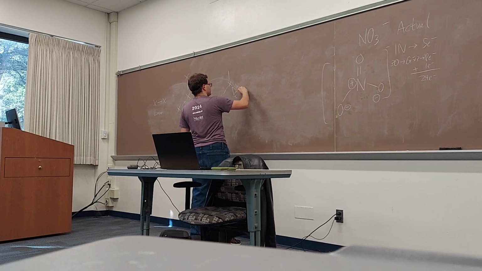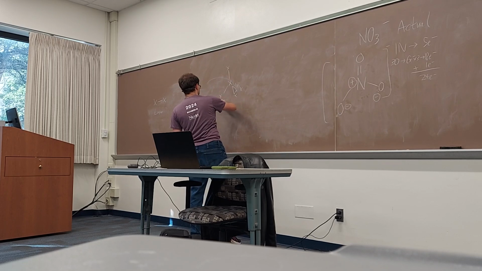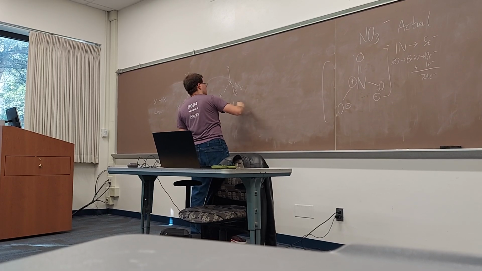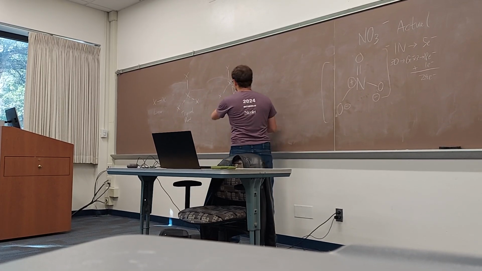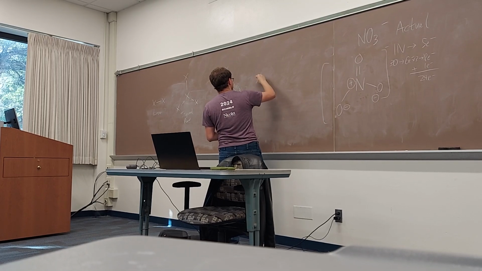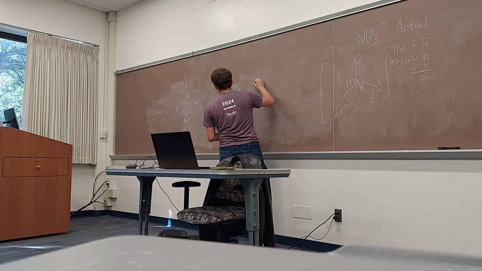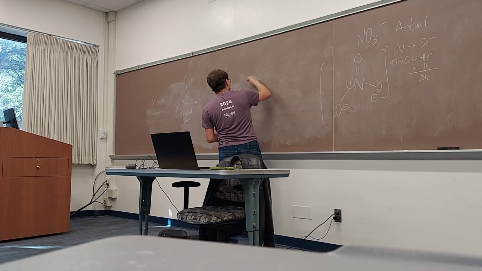We can have this one, which is tetrahedral, and that's if we have no lone pairs. We can have this one, which is trigonal pyramidal, and this one has 1 lone pair.